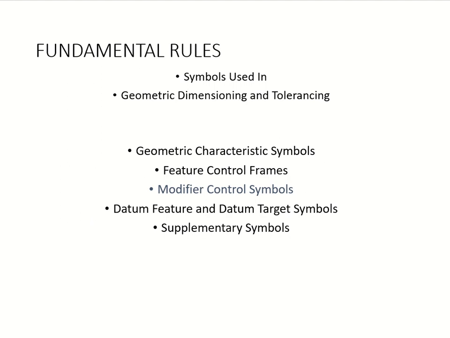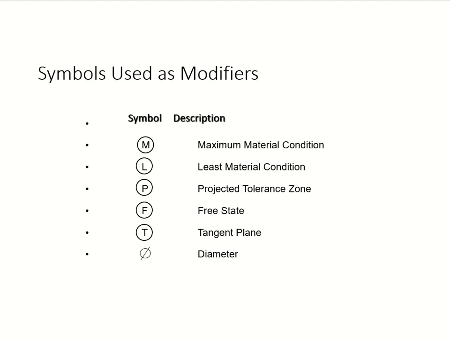All right, now we'll get into the modifier control symbols a little bit. Right here now, that's just a table of contents. The modifier symbol looks like this. This is our symbol, maximum, we already knew this symbol. Least, which is your least material condition. And your P is your projected. These are new ones. Projected tolerance zone.